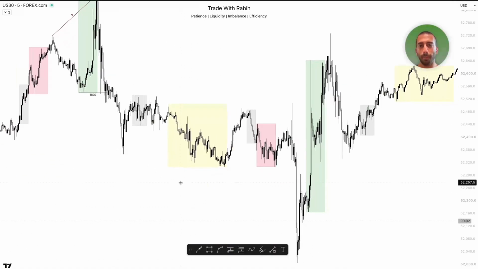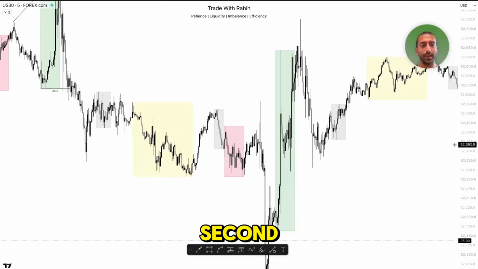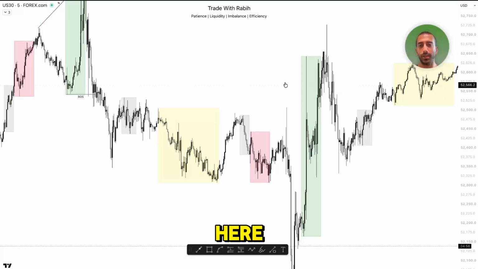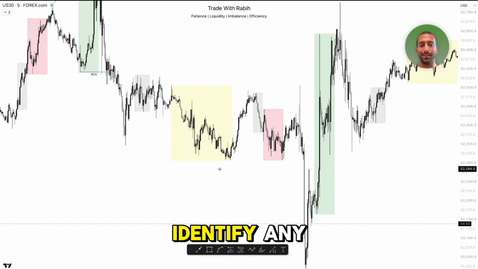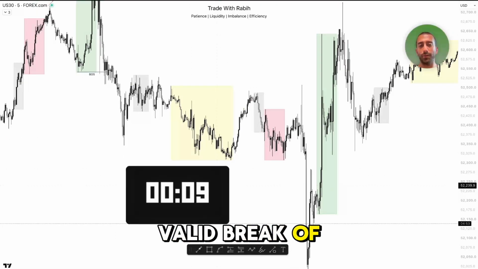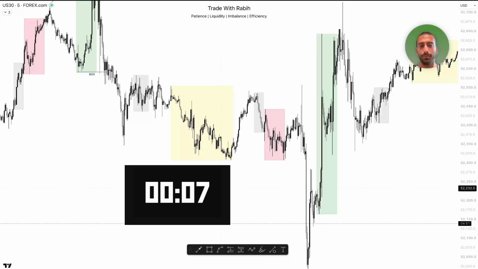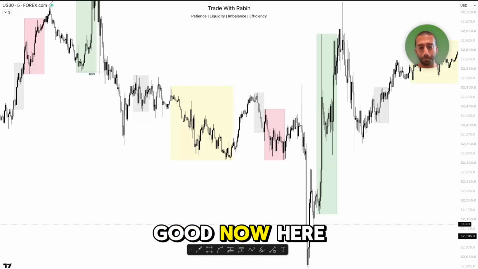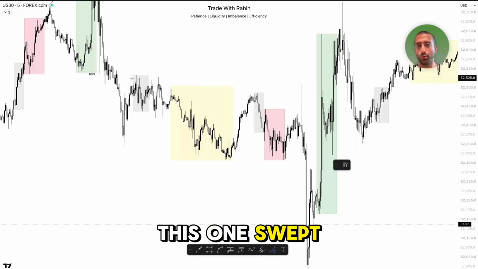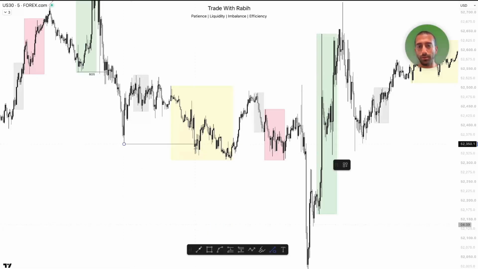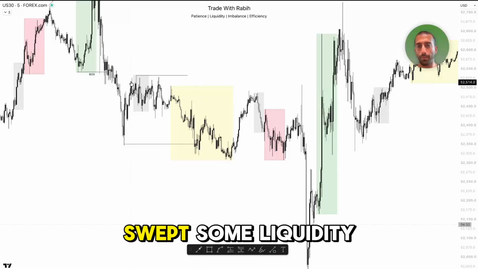Now, I'm going to give you a second just to look at the chart here and tell me if you can identify any valid break of structure. Good. Now, here, this one swept liquidity and then it broke structure, which means that this high swept some liquidity here.